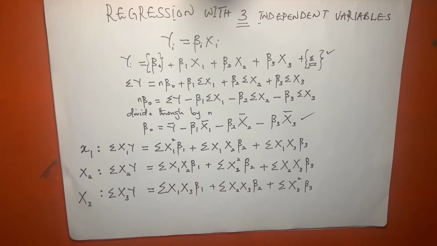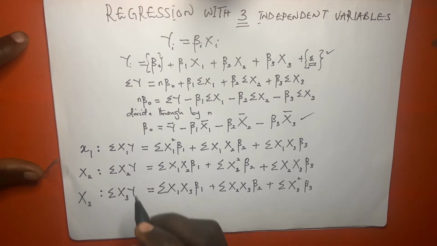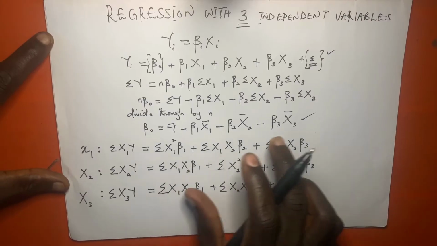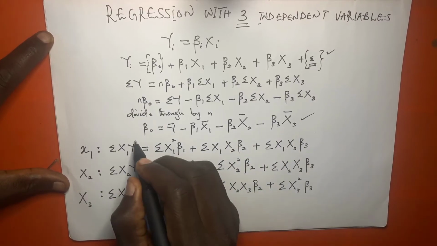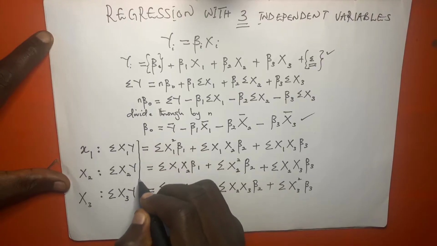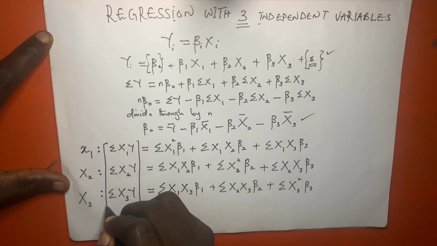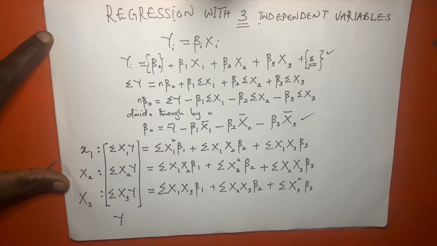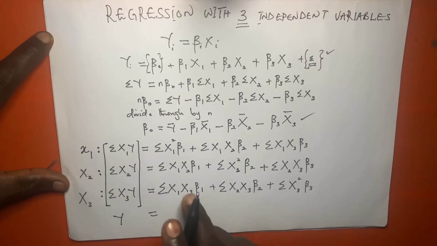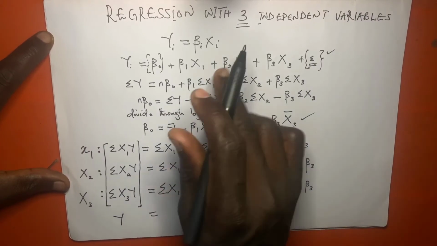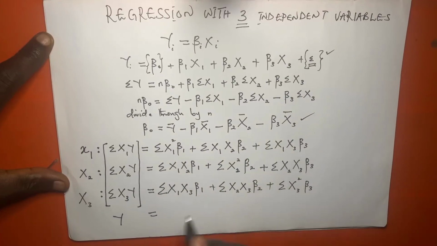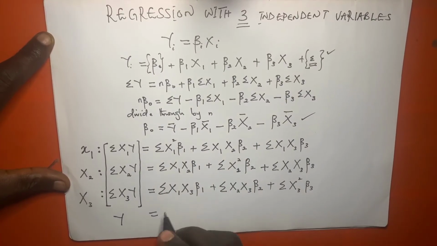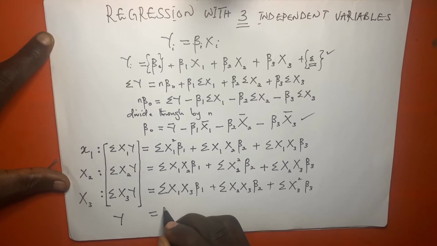Now if we look at this very well, we can say this is the same as, let me bracket this like this. So all of this now is our y. Y equals, you can see we have beta, beta, beta, so we can say this is y equals beta x.